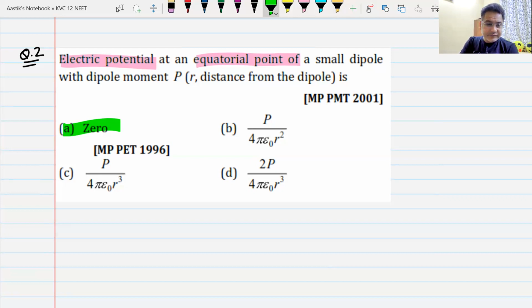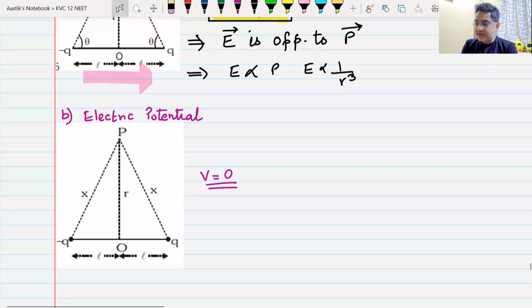See, this is the equatorial point. Potential is zero. Equatorial means perpendicular bisector. We have seen it in the previous class. I don't think you are paying enough attention in the class. Anyways, chalo, let us move on to the next question.